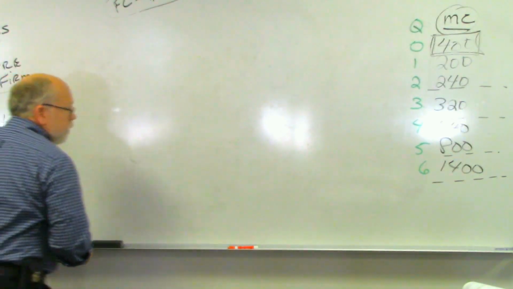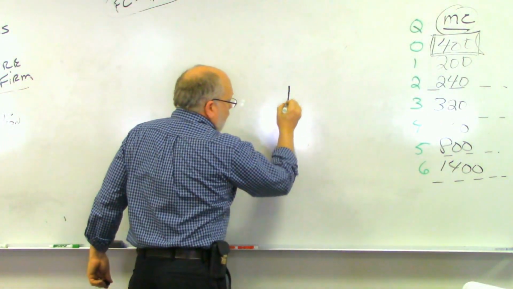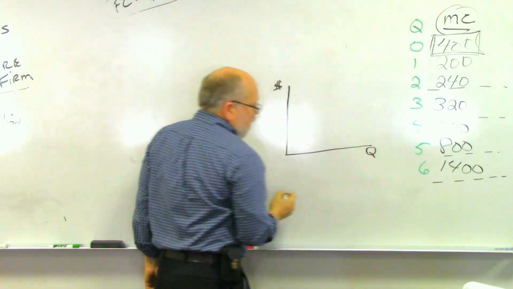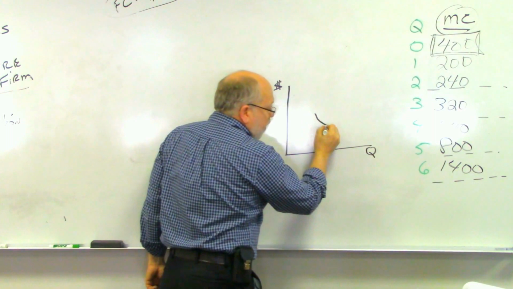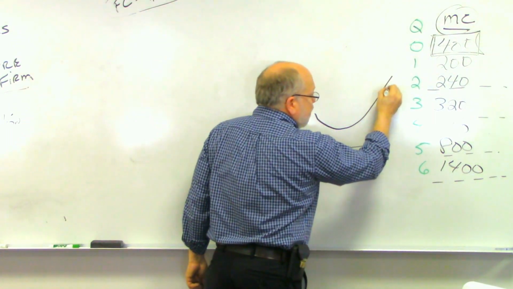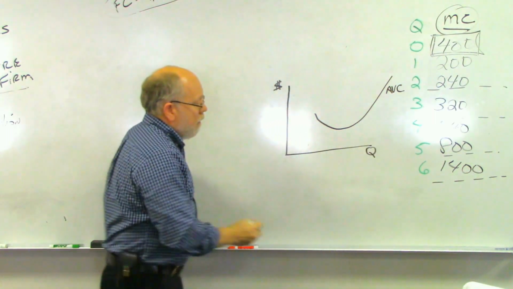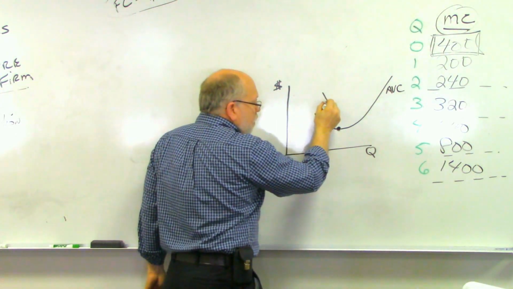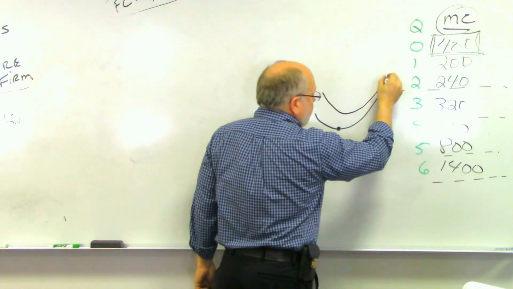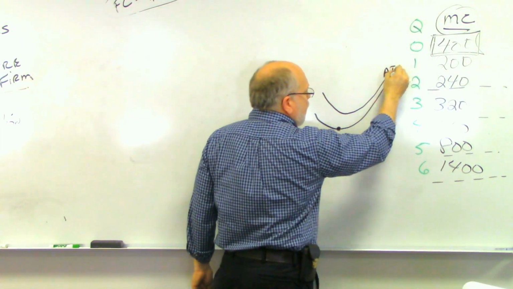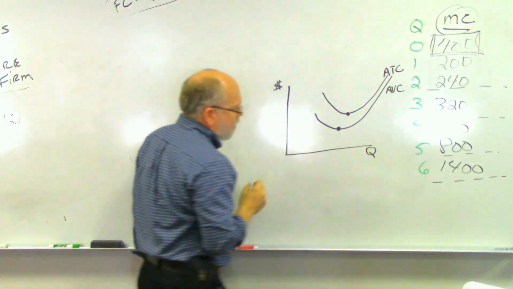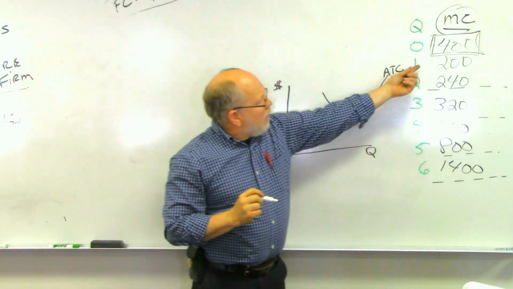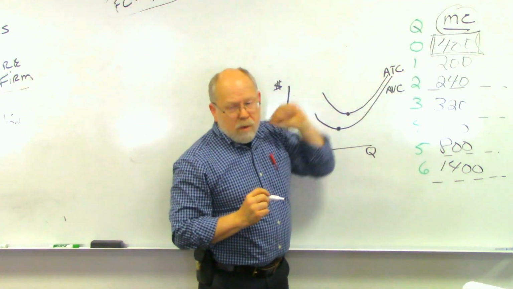And what we know is that we have an average variable cost curve that looks like this and bottoms out here. Average total cost curve looks like that, which bottoms out past that point, if I draw it correctly. And notice here that we bottom out very, very early with our marginal cost curve.